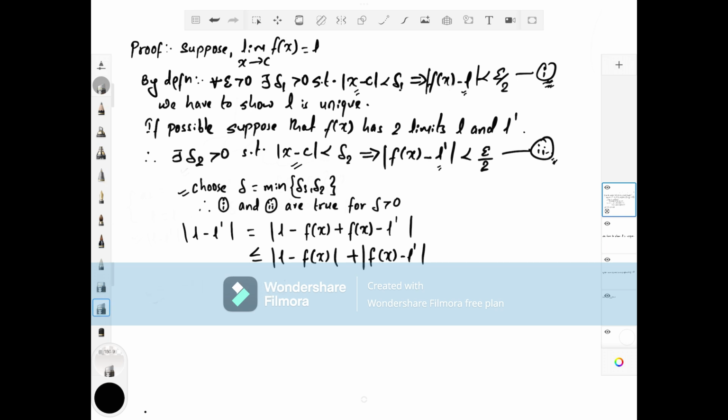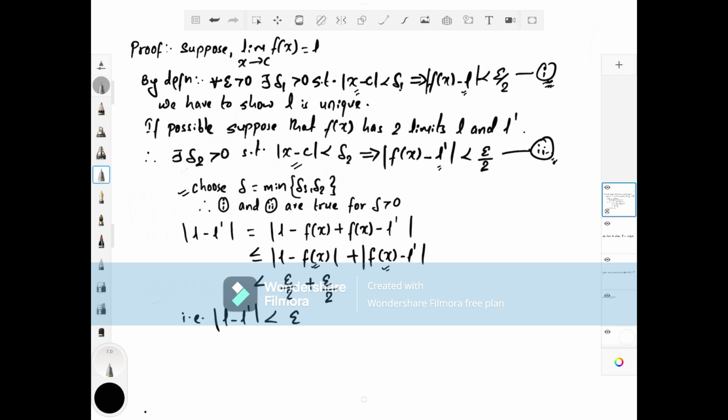Okay, now using the inequalities 1 and 2, we can write this as less than epsilon by 2 plus epsilon by 2. Modulus L minus f of x is less than epsilon by 2, and modulus f of x minus L prime is less than epsilon by 2. You can see that in 1 and 2 here and here. So this means that modulus L minus L prime is less than epsilon.